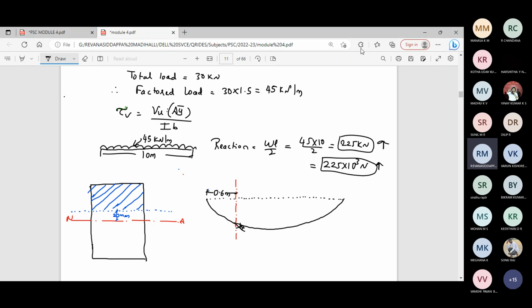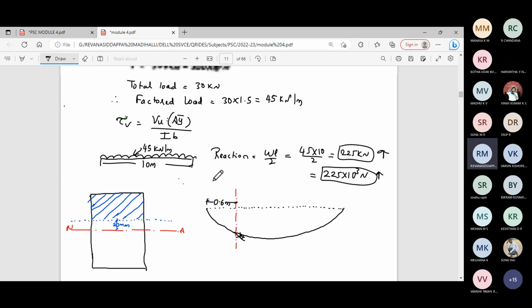If you want to find the slope at some other point, we have to follow the basic principle. Let us see how to find that.